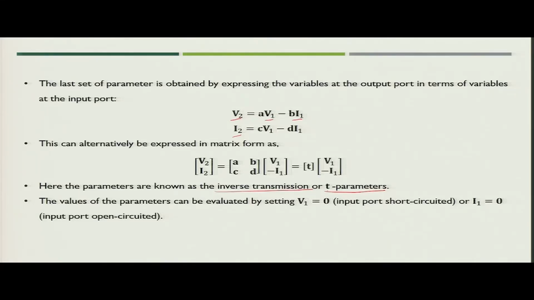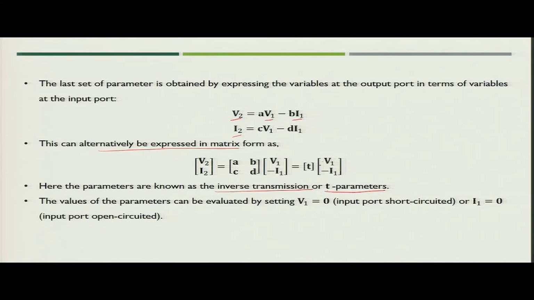So, how will we write? V2 is equal to small a V1 minus small b I1, and I2 is represented as small c V1 minus small d I1. Alternatively, in matrix form you can write V2, I2, the dependent variables vector, equal to the small abcd matrix times the independent variables vector, that is V1 and minus I1.